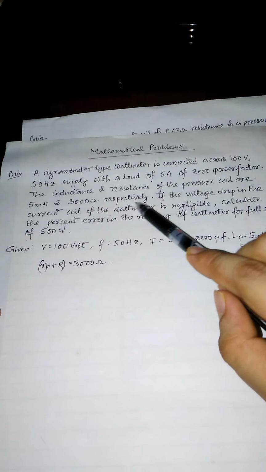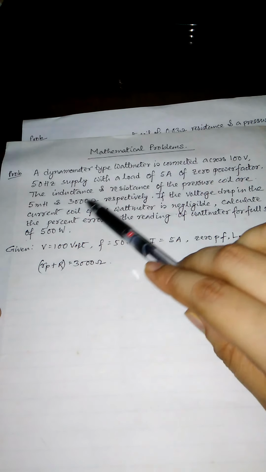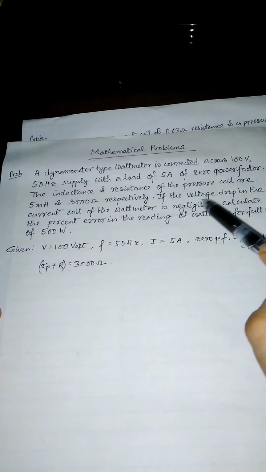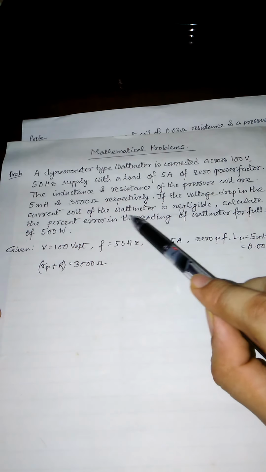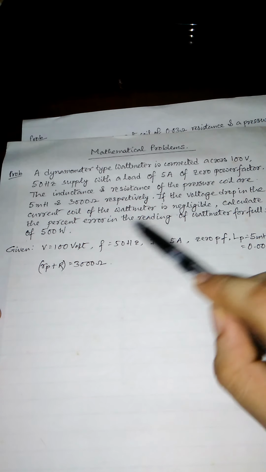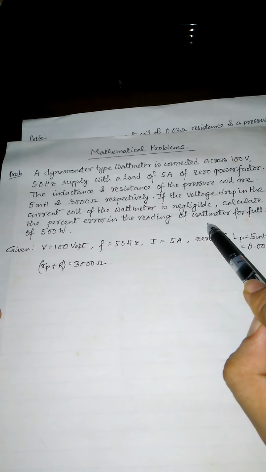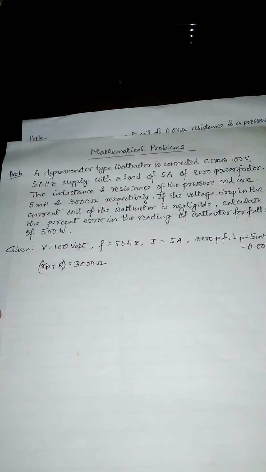The inductance and resistance of the pressure coil are 5 millihenry and 3000 ohm respectively. If the voltage drop in the current coil of the wattmeter is negligible, calculate the percentage error in the reading of the wattmeter for a full scale of 500 watt. So this is our first problem.